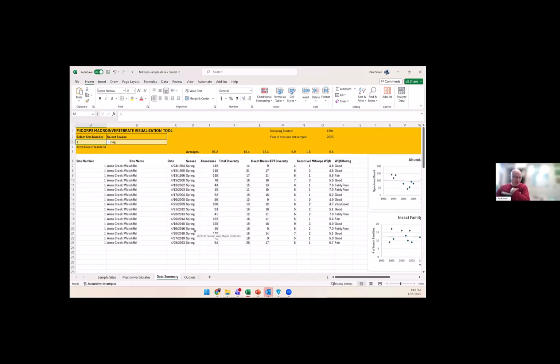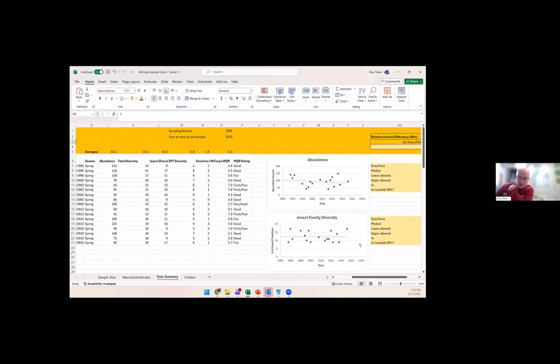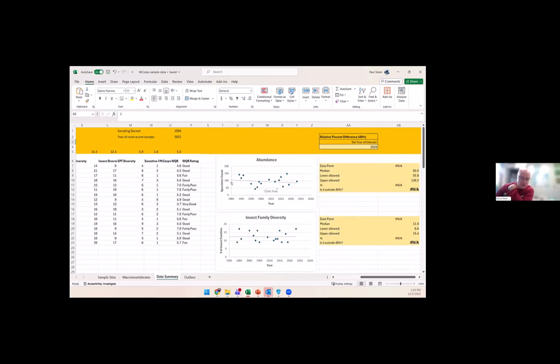Great. Here's site 1 in the spring. We've been sampling here since 1994. And this is what the data looks like, in those graphs. It looks like abundance over time is holding pretty steady. The total number of insect families seems to be holding steady, though this past time we got a high point here.